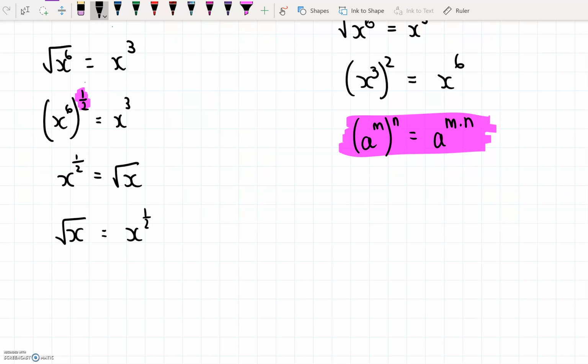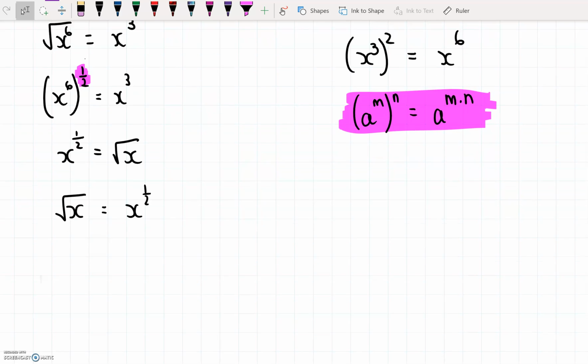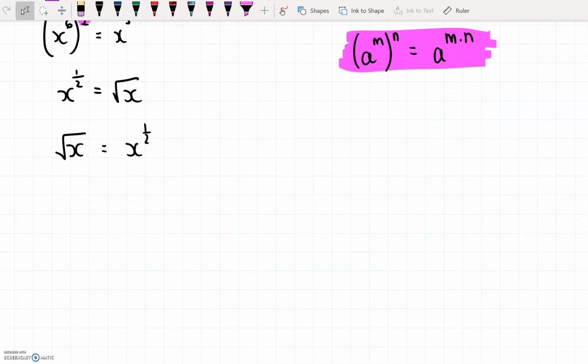Now this will also be combined with your other rules. Earlier in the year we talked about how if you have a to the power of m times a to the power of n, we have a to the power of m plus n. This works with square roots as well.